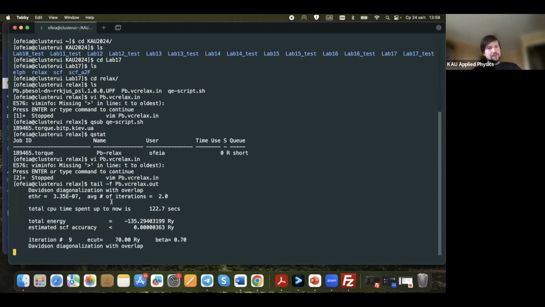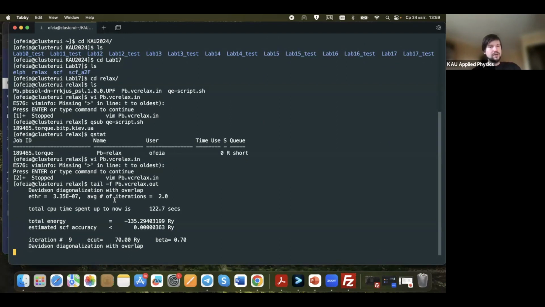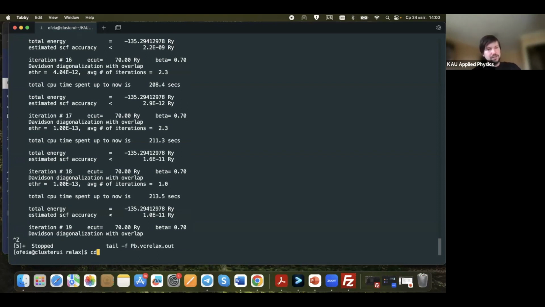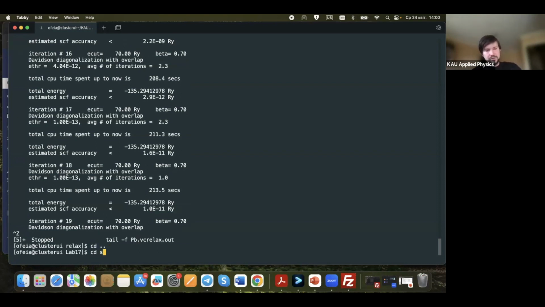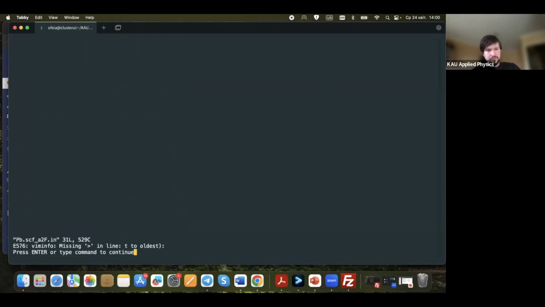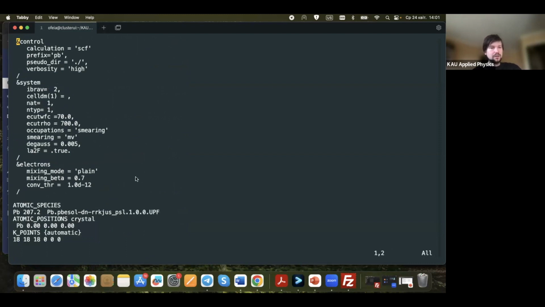It will take some time. We can discuss in this time the SCF to F. So this is the same input as for the SCF calculation, with two main differences here.